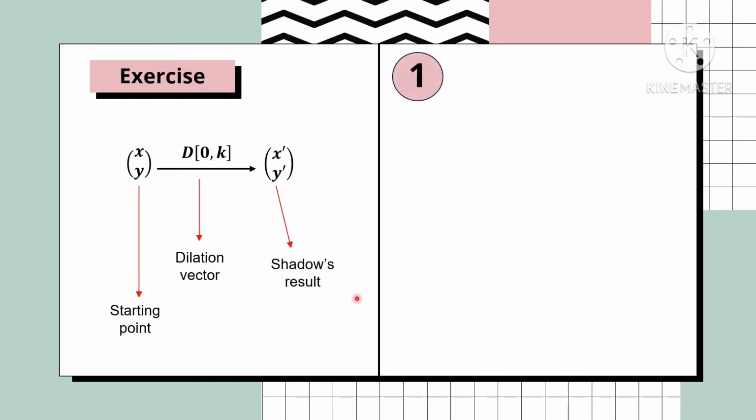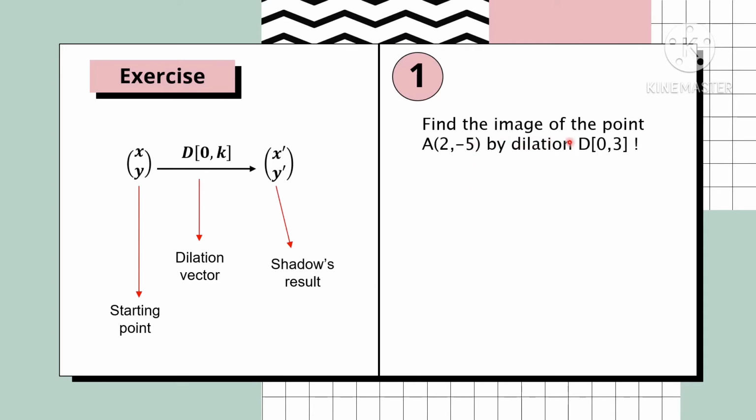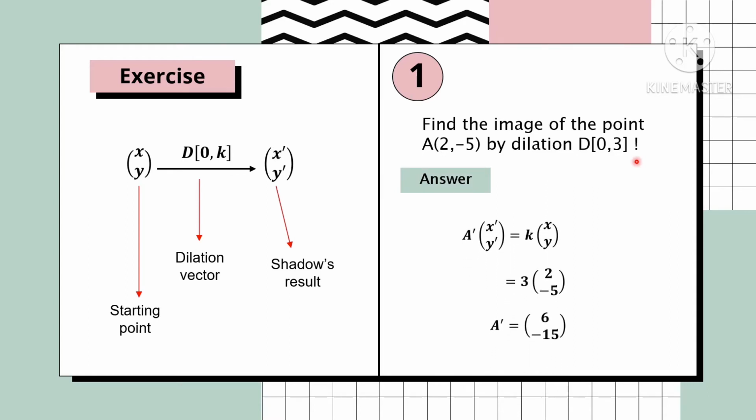For the example, find the image of the point A(2, -5) by dilation D[O, 3]. So, the answer is we need to find A prime by finding its matrix (x prime, y prime). So, the matrix (x prime, y prime) is equal to k times the matrix (x, y), where k is the scale factor.